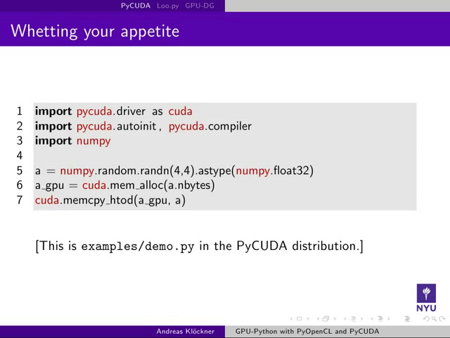Then instead of creating a context and all this other junk, we just import pycuda.autoinit, which chooses some device. Also, we need pycuda.compiler. As usual, create some array of single precision floating point numbers, allocate memory for it on the device, copy the stuff over. This is a synchronous copy.